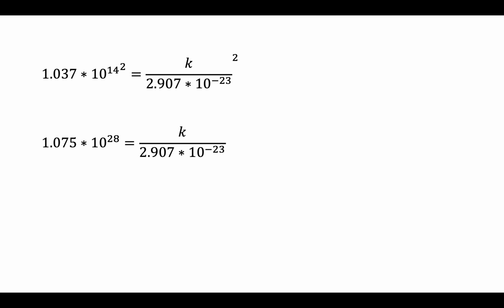And finally, to calculate k, we multiply both sides by the reduced mass to make k the subject, which is k equals 3125025.5 grams per second to the minus 2.